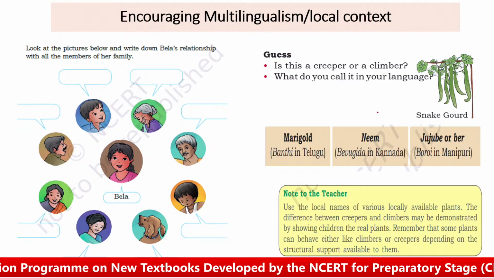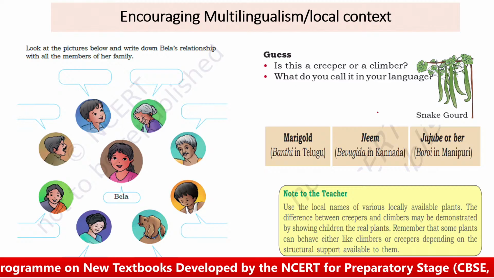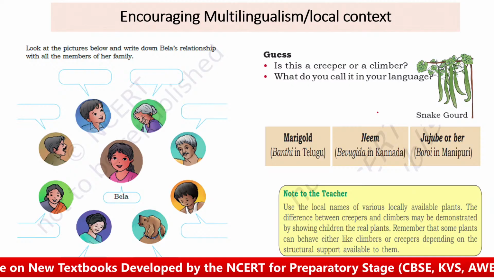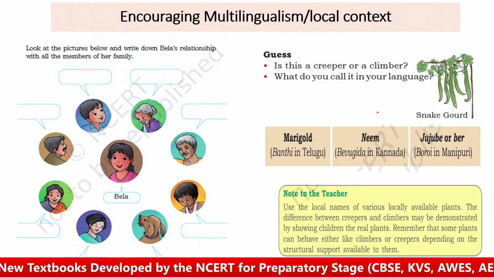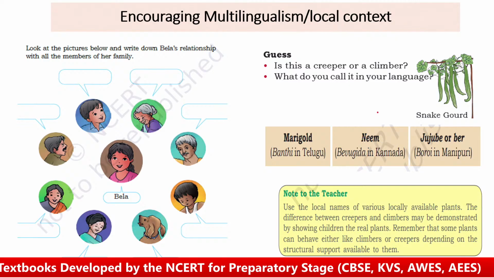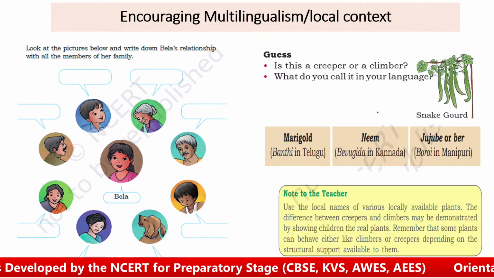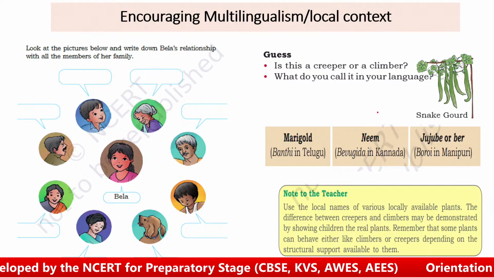So students will be bringing their own experiences, and they will be writing different kinships in the form of this particular diagram. And then there's a creeper, and students have to guess, is this a creeper or a climber? What do you call it in your own language?